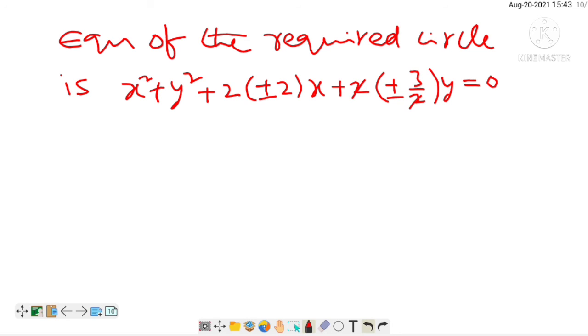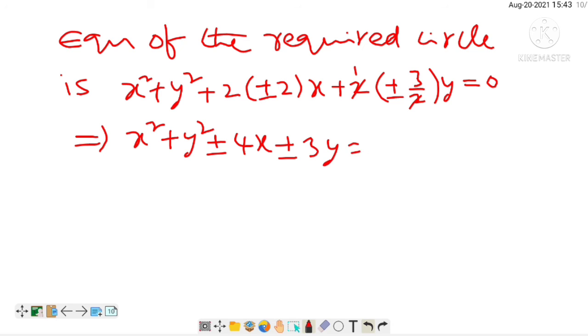So x² + y² ± 4x ± 3y = 0. This is the required equation of the circle.